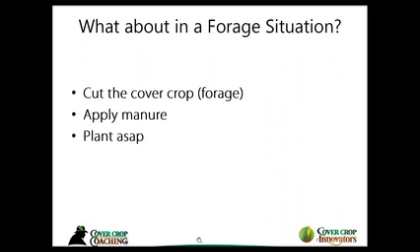Now, some of the bigger guys will plant a third cereal rye, a third triticale, a third wheat, so they can get it off sequentially, and that spreads out not only everything, it spreads the harvest out, it spreads manure application out, it spreads planting out.